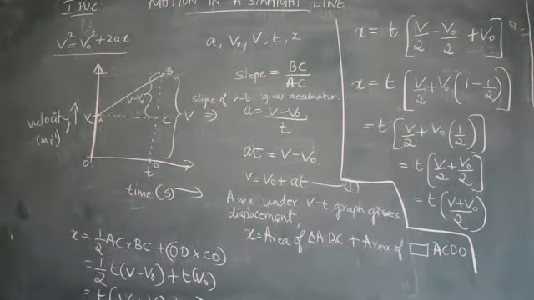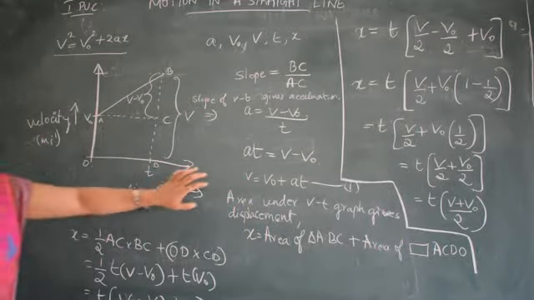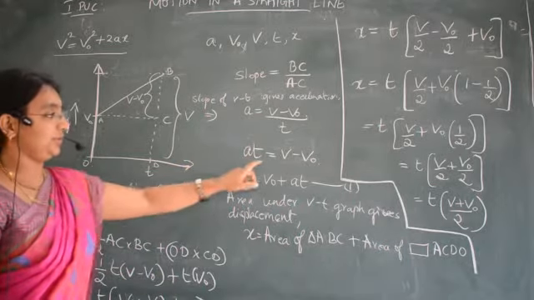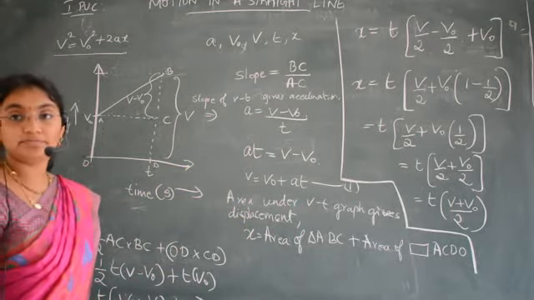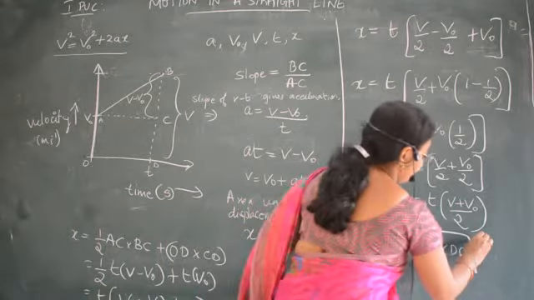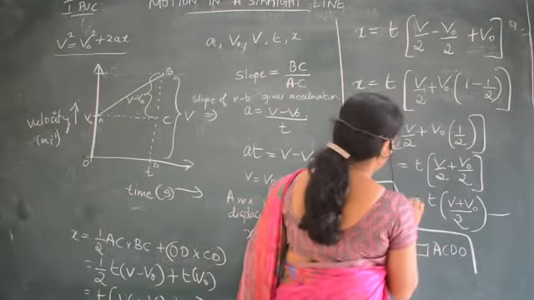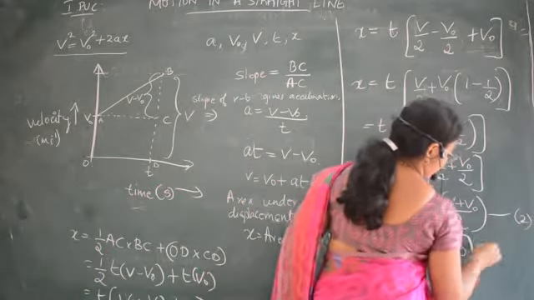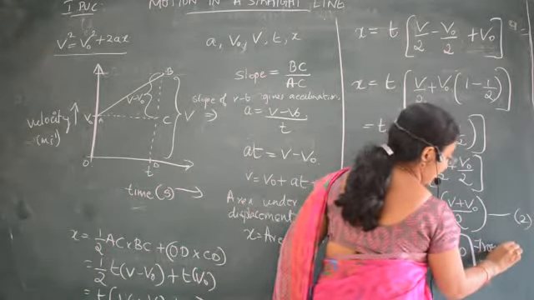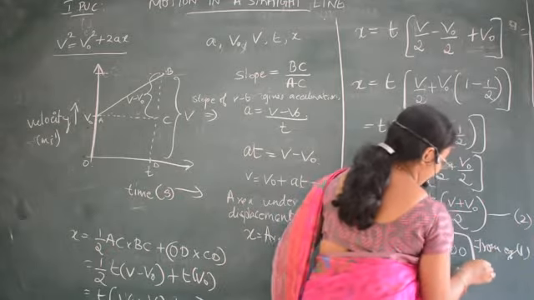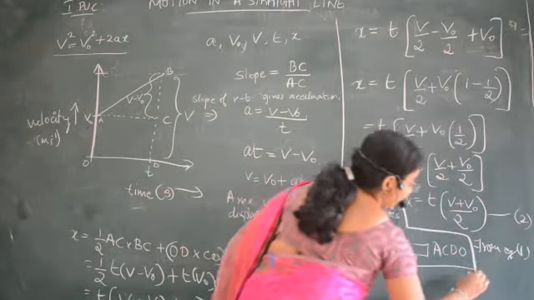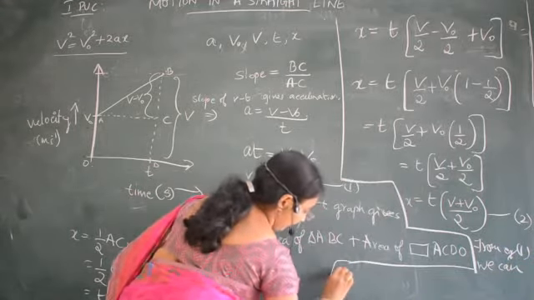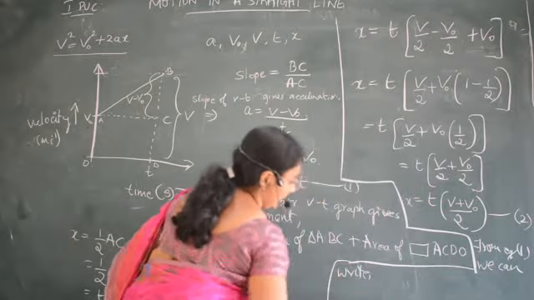What is T? See here, from equation number 1, can I write T is equal to V minus V naught by A? Yes. Let this be equation number 2. From equation number 1, what can we write?